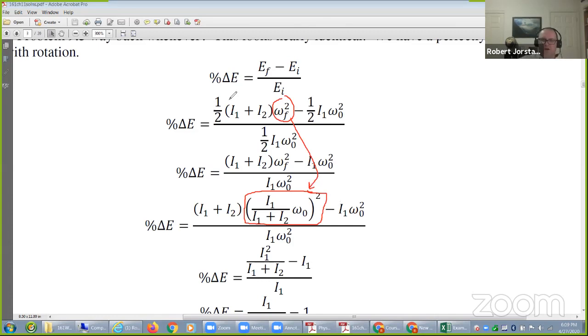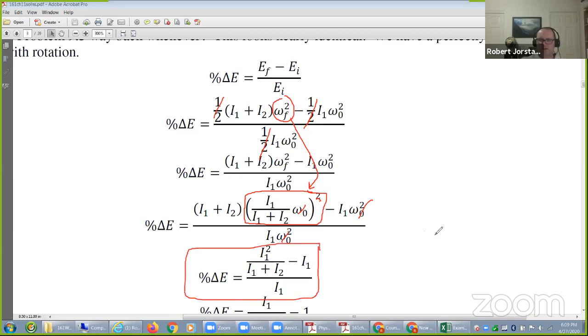When we do this, all the halves drop out. And then after we do this, all the omegas are going to drop out because there's an omega squared on each term. And so it cleans up dramatically.